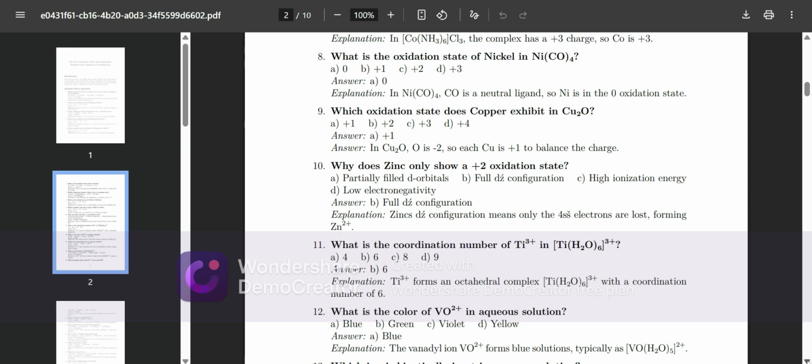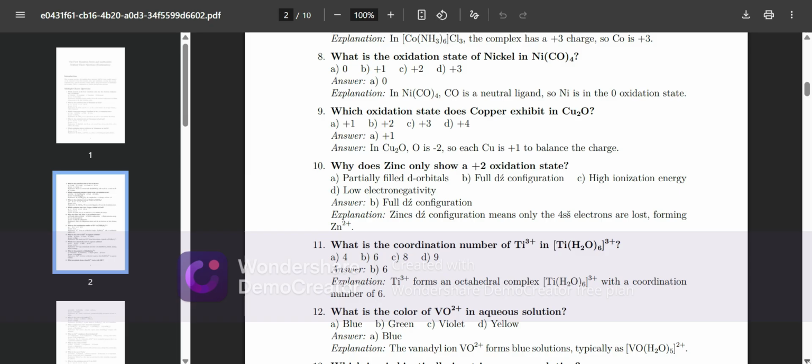In Cu2O, O is -2, so Cu is +1 to balance the charge. Why does zinc only show a +2 oxidation state? Full d10 configuration. Zinc's d10 configuration means only the 4s electrons are lost, forming Zn2+.